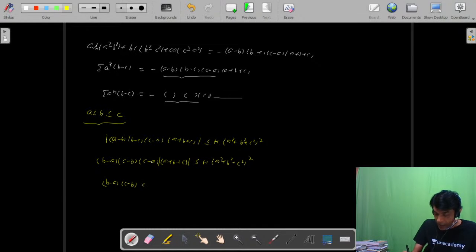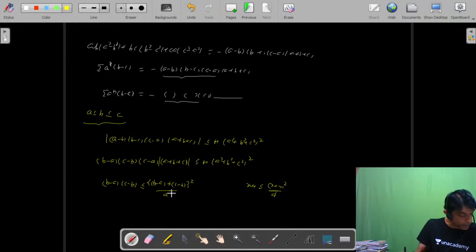So (B−A)(C−B) is less than or equal to ((B−A)+(C−B))²/4 by the AM-GM inequality. I am using this version: xy ≤ (x+y)²/4. This is also valid even if x, y are real numbers, but I am taking positive or non-negative numbers here. So this is all right.